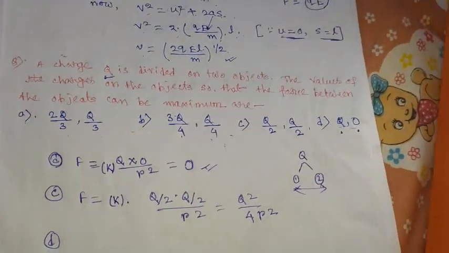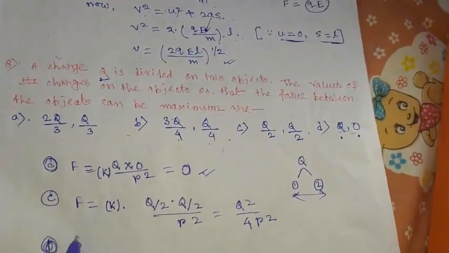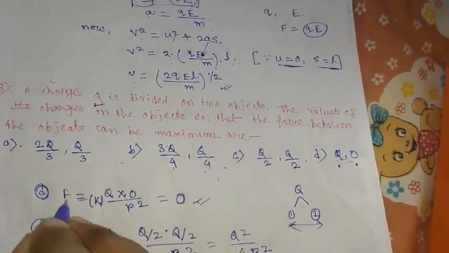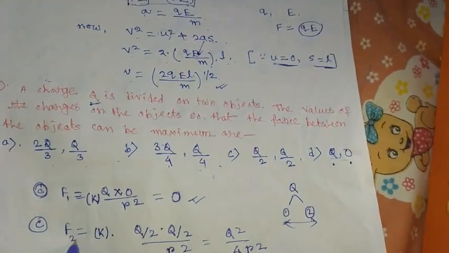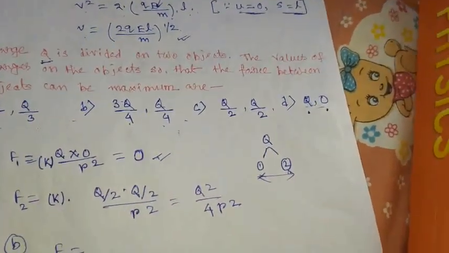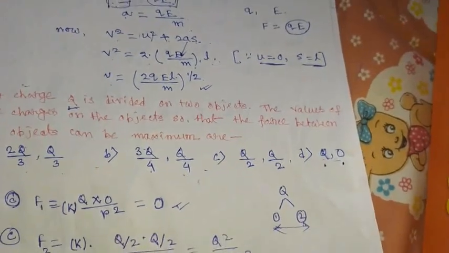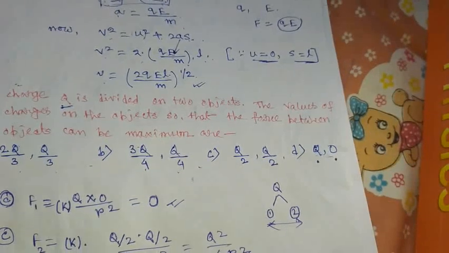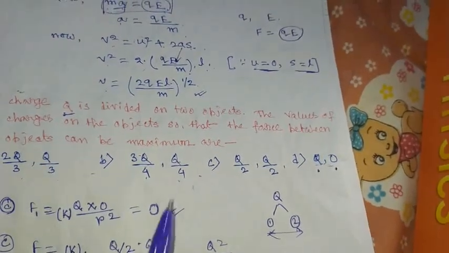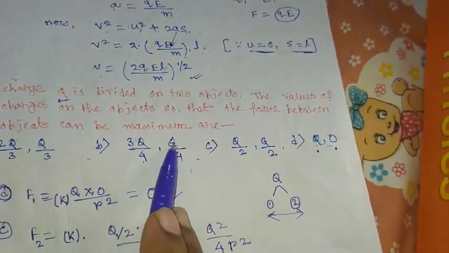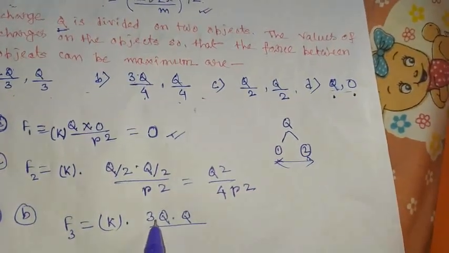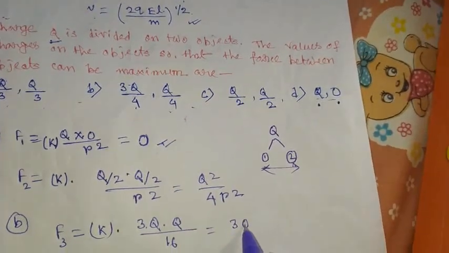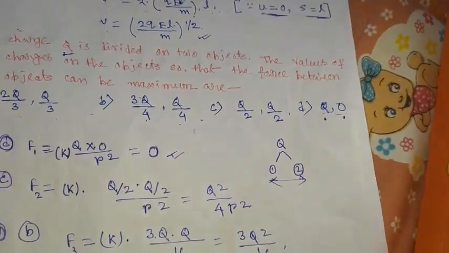Option B, let it be 1, 2 and 3. From option B, the value of the force can be written for 3Q and Q as 3Q by 16 and Q by 16, that is 3Q square by 16 squared over r square.